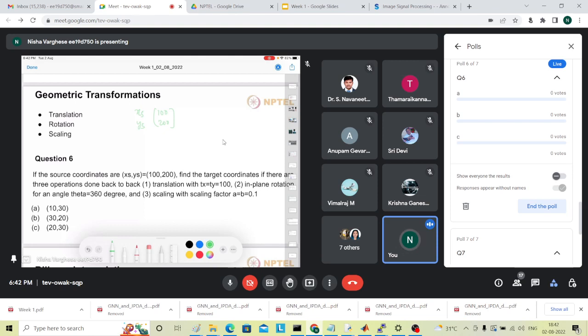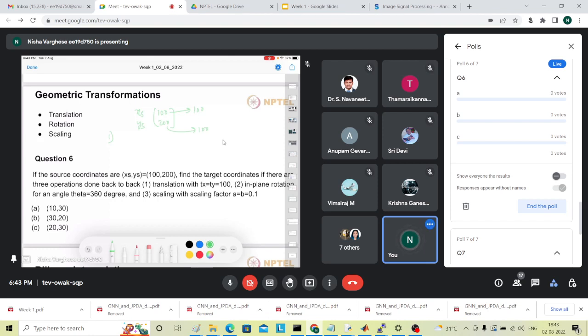First one is translation, where x is translated with a translation value 100 and y is also translated with translation value 100. So first xs, ys is translated to some other coordinate, not 100, 100. Translation value is 100, 100.